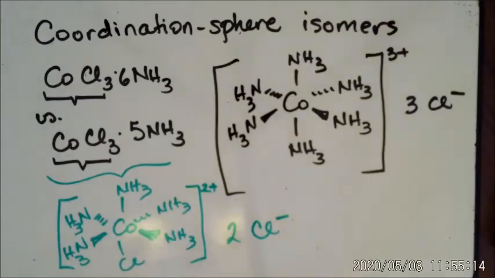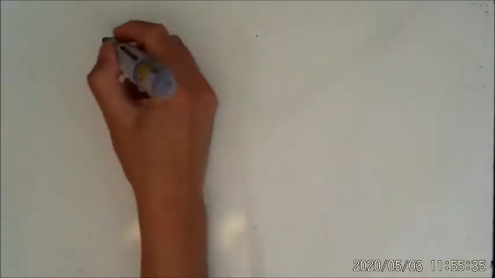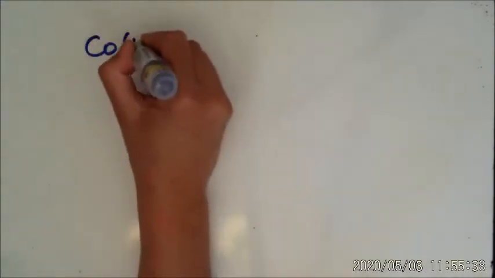You say, well, wait a second, how do I know this? It's only when you start crystallizing out that you start seeing the different colors. If we take a look at something with water instead of ammonia, you can still have the same thing.